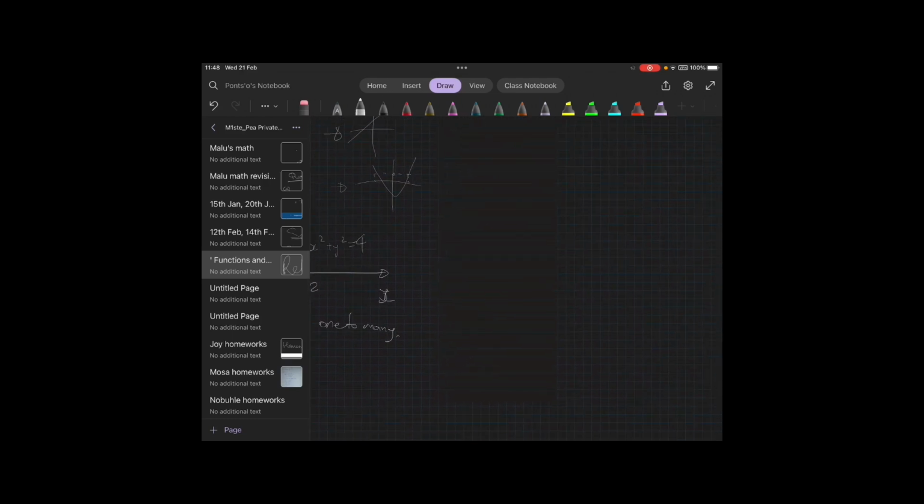But if we have a parabolic curve and our curve looks something like that, we don't know really, we'll just call it y equals a x squared plus bx plus c.